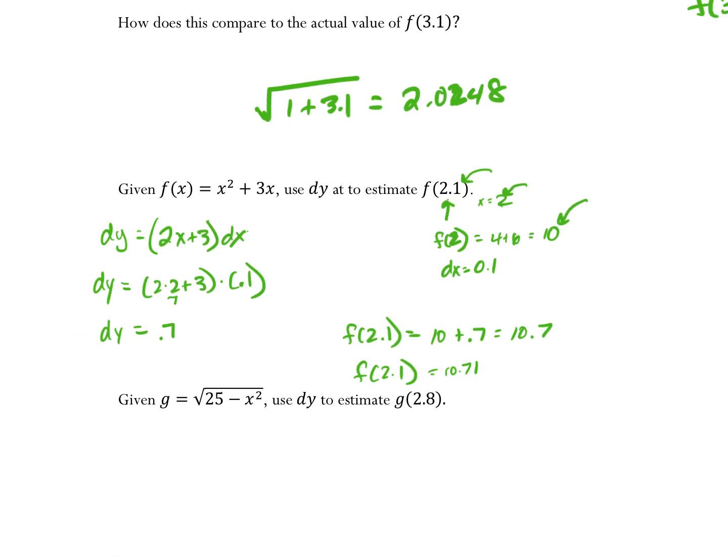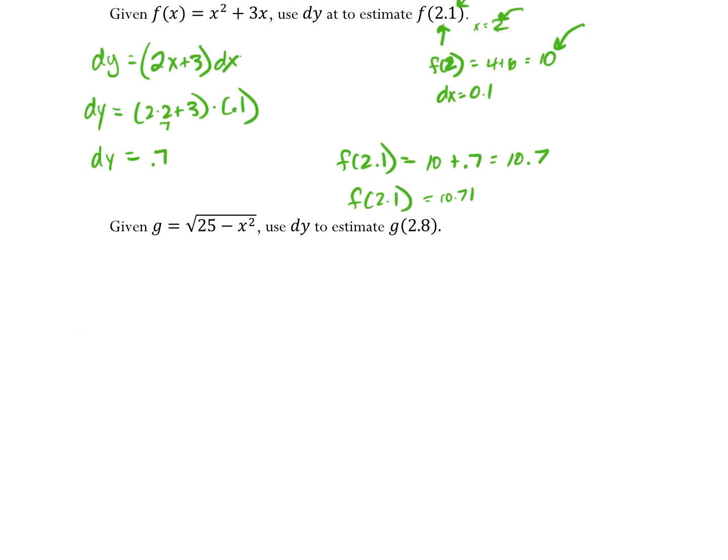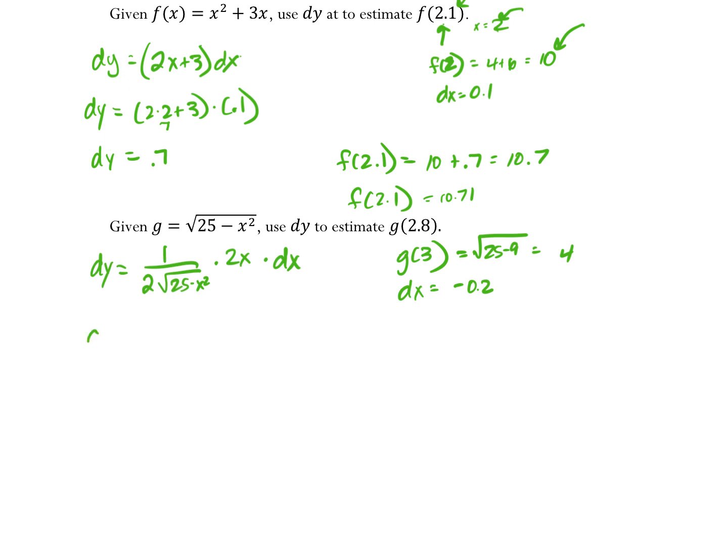All right, for this last one, I would use g of 3, and my dx would be negative 0.2 because I'm down by 0.2. If I plug in 3, I've got the square root of 25 minus 9, which is 16, which is 4. Then for my derivative, I would have 1 over 2 times the square root of 25 minus x squared, and chain rule time gives me times 2x times dx. Fill in everything I know.